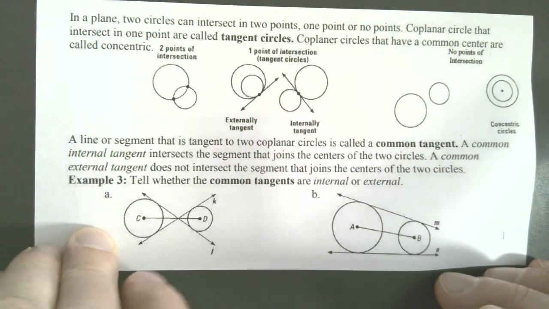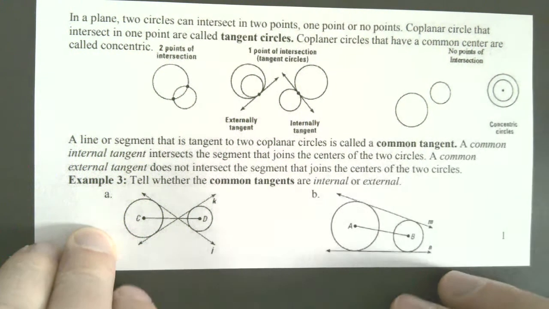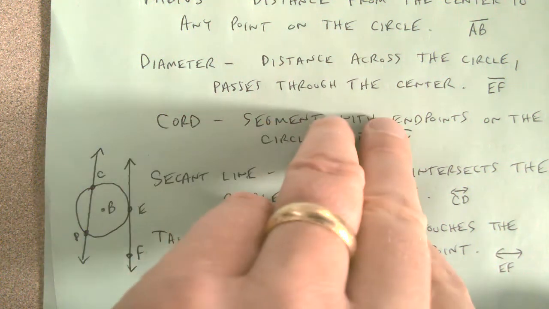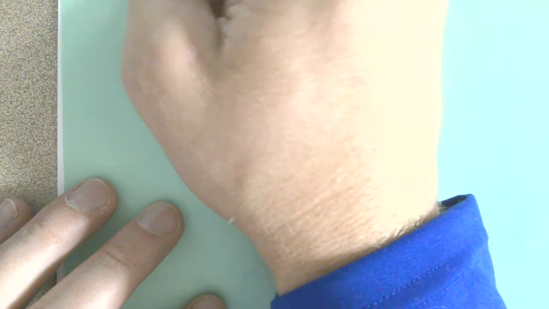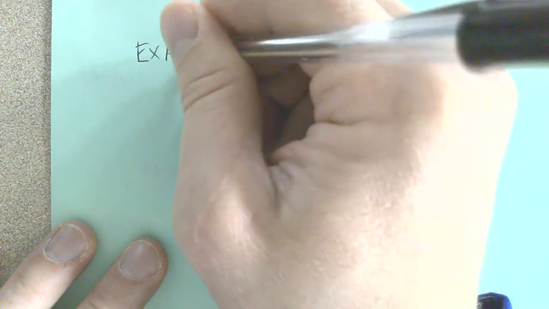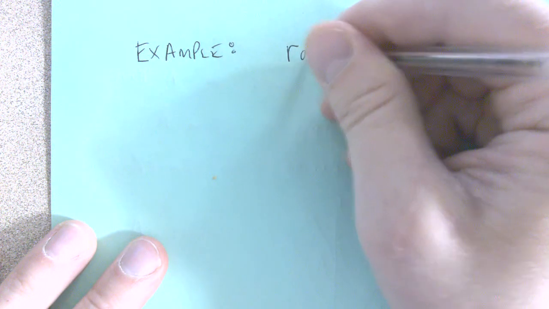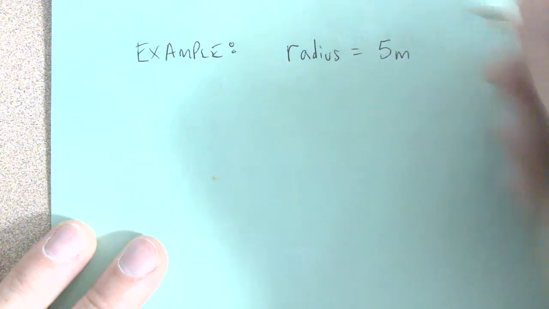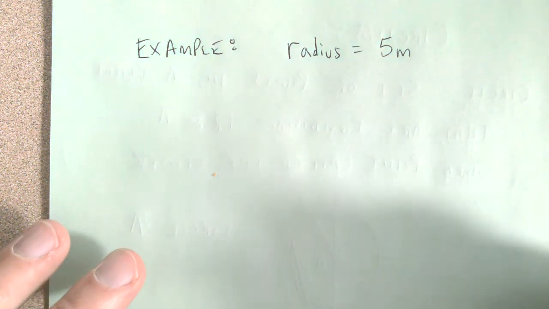Okay. Let's do one last little thing here with the radius and diameter. I know this is something you probably already know how to do, but I want to make sure we're clear on this in terms of the formulas. If I told you the radius of the circle is equal to 5 meters, it'd be a big circle.